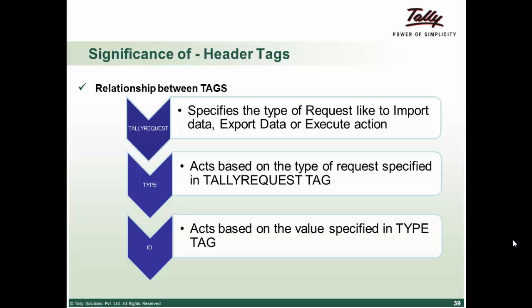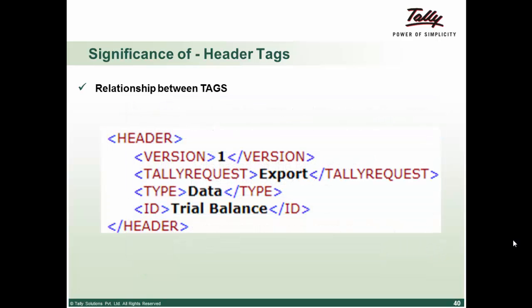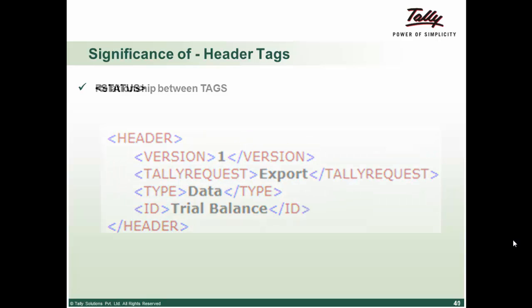So these are completely in sync with each other, and this is one example of the relationship. You can ask a simple question: Tally request, what do you want Tally to do? Export. Export what? Data. Okay, which data? Trial balance data. So here ID is the name of a report that exists in Tally.